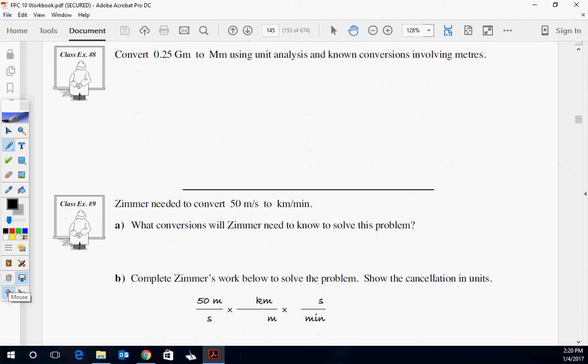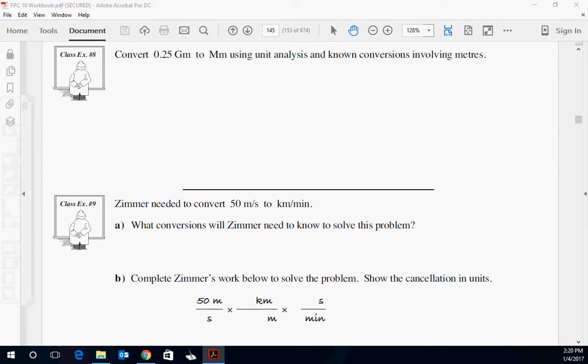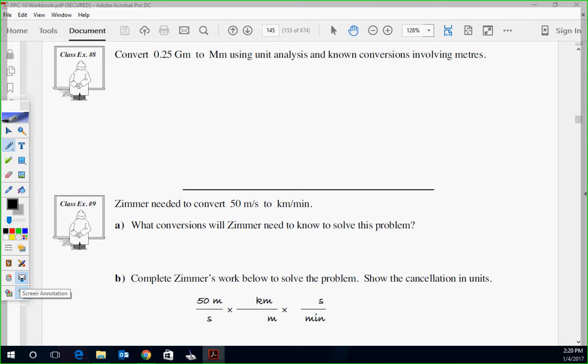All right, so we're going to go 0.25 gigameters to megameters using unit analysis and known conversions. So we want to go giga to mega. So there's 2 ways you can do this. I'm going to do it the way with 3 of them. So what I'm going to show you is I'm going to go 0.25 giga over 1. That's the given. I'm going to convert this to meters. So giga we know is 10 to the what? 10 to the 9th, right?